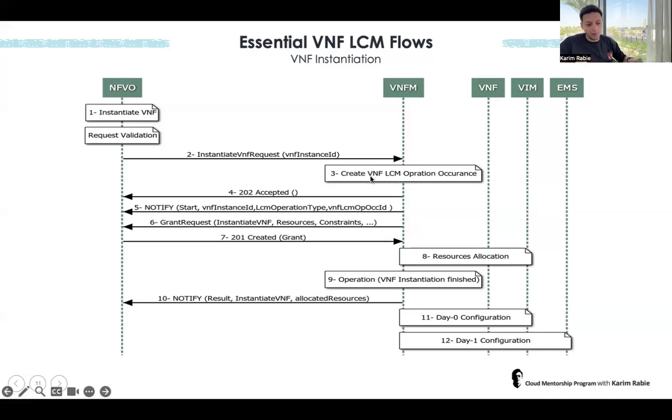So whenever you ask to instantiate a new VNF, for example, that requires 240 virtual CPUs, the NFVO will look in the repository: do I have these resources available or not? If yes, I will grant. If not, I will not grant. So no need to reserve resources because the NFVO already has the visibility on the resources, and that's a basic aspect of the NFVO doing resource orchestration of the telco cloud. I hope this is clear.